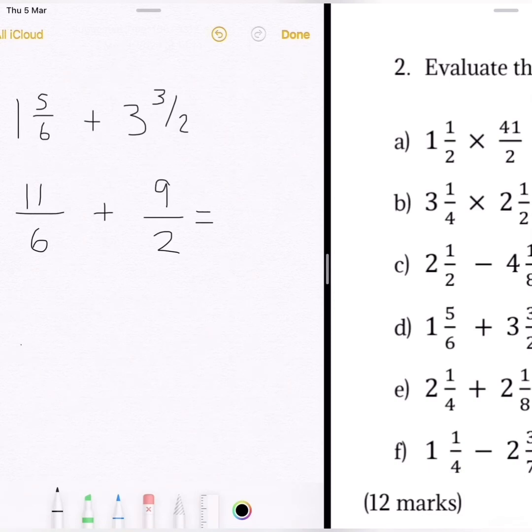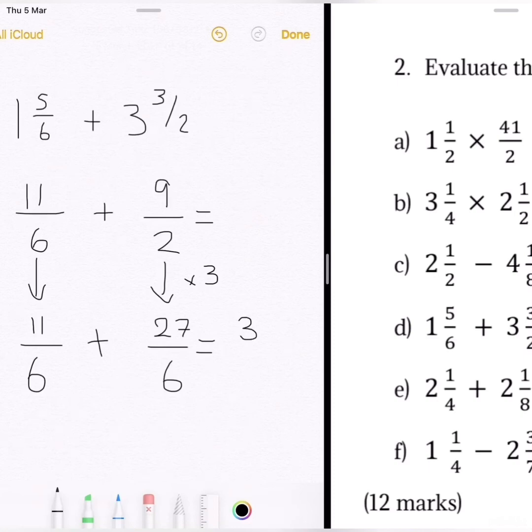But remember, when adding, we have to have a common denominator. So this fraction is just going to stay the same, because that's already over 6. There's going to be a plus in the middle. This one, we need to times both by 3. So 9 times 3 is 27. Then we can do 11 plus 27, which is 38.